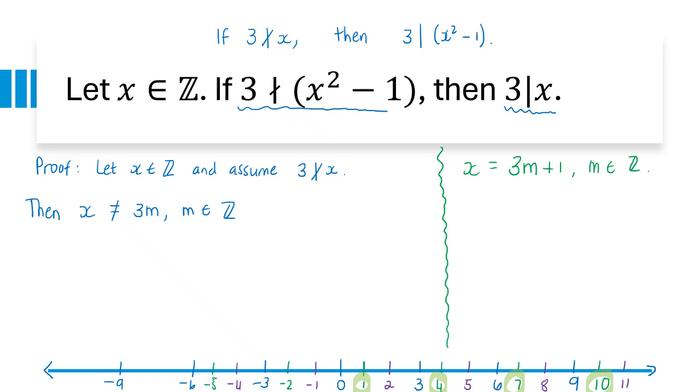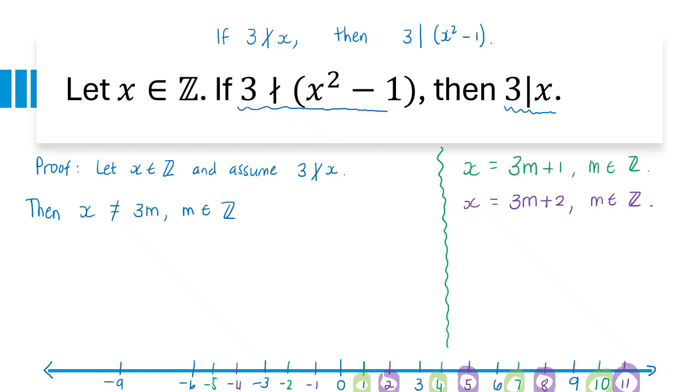For the next one, we take a look at these ones, like the 2, the 5, the 8, and the 11. How can we describe these ones? Well, we can say in this case, it's a multiple of 3 plus 2. This covers all of the integers in between the multiples of 3. So we are going to take a look at both of these cases.